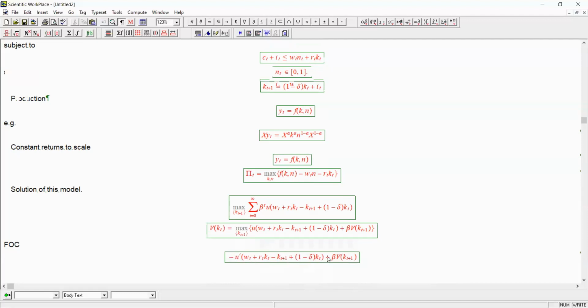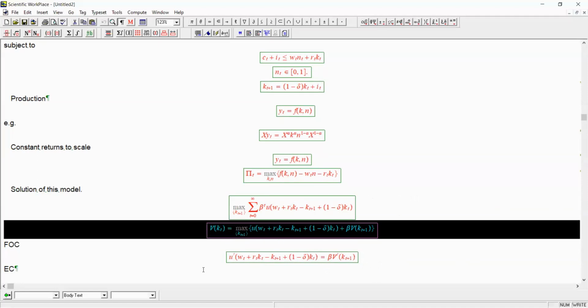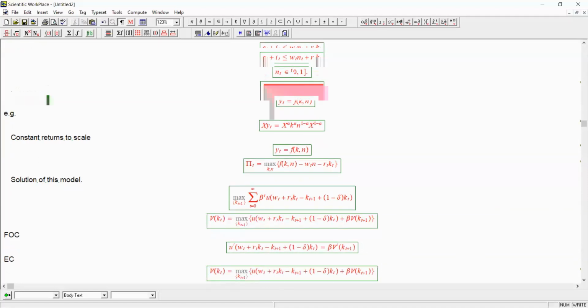That's the chain rule. Plus V prime equals 0. Of course, that can be rearranged like so. The next thing we need is the envelope condition. And for that, we need to differentiate this with respect to k.